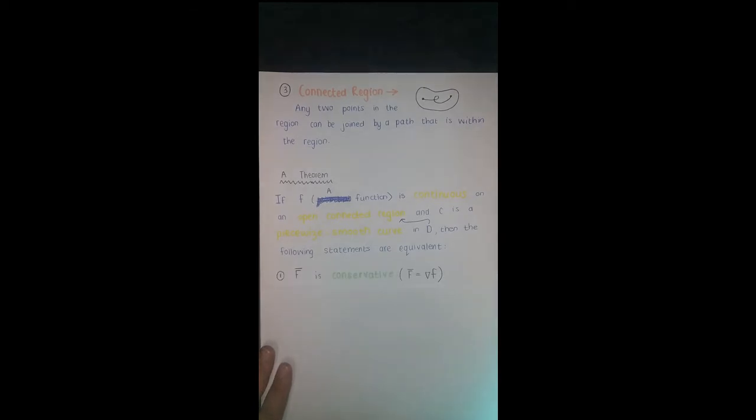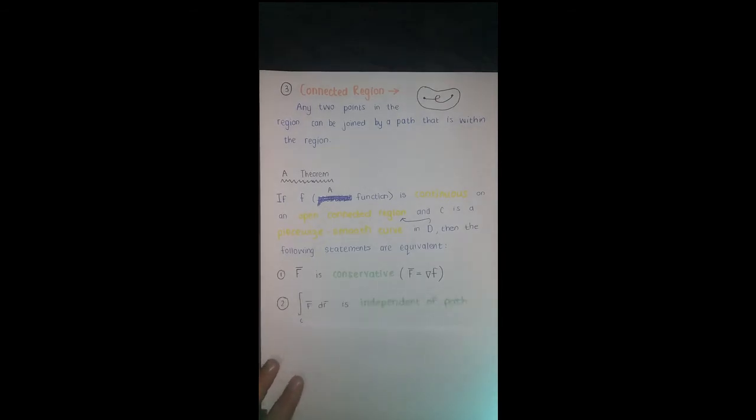We say that f is conservative because f is then equal to a gradient vector field, and we know that the line integral is independent of path. It doesn't matter which path it follows, as long as it goes from A to B. And then the line integral of f is 0 for every closed curve.